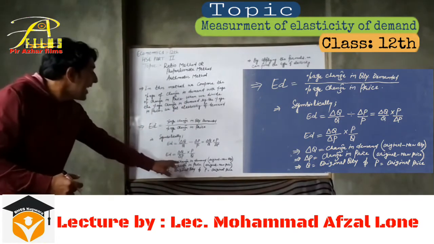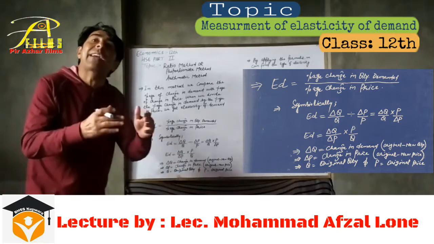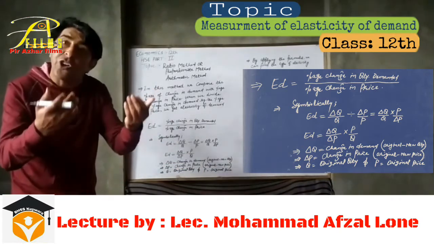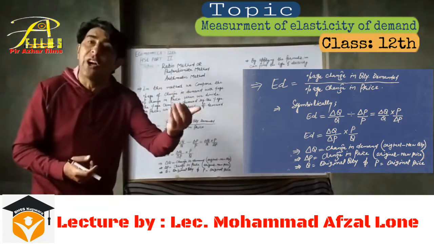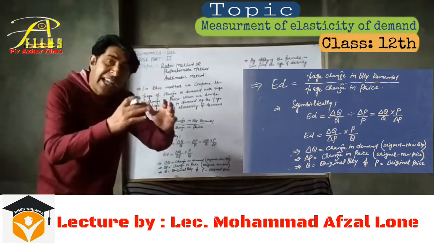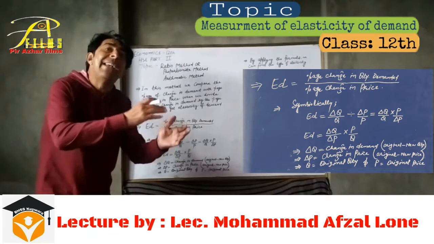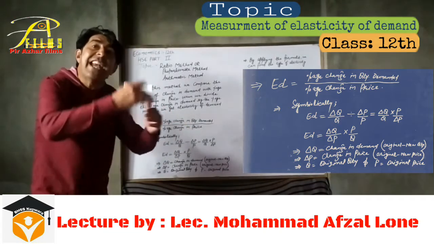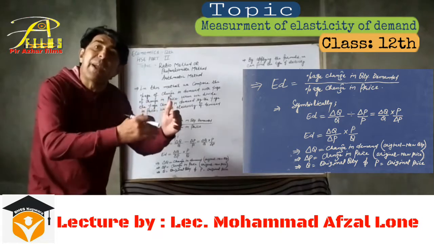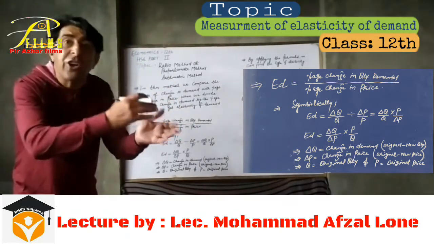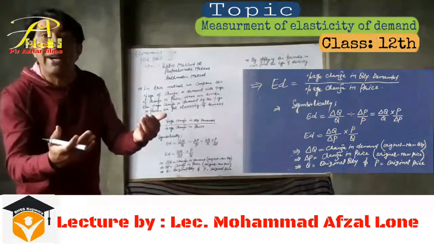Delta Q is equal to change in quantity. We calculate the change in the quantity by original quantity minus new quantity. When there is a change in price, as a result of that change in price, quantity demanded changes. That is our new quantity demanded.